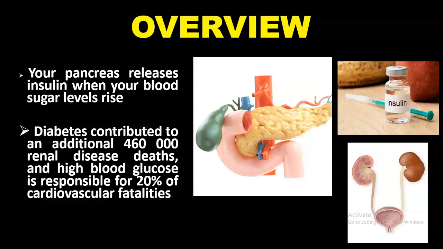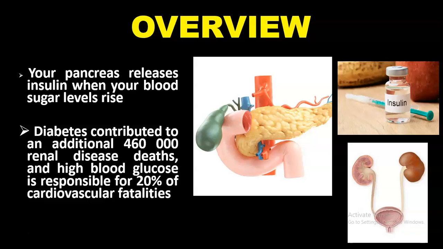A total of 1.5 million deaths were directly related to diabetes in 2019, and 48% of these deaths occurred in those under the age of 70. Diabetes contributed to an additional 460,000 renal disease deaths, and high blood glucose is responsible for 20% of cardiovascular fatalities.